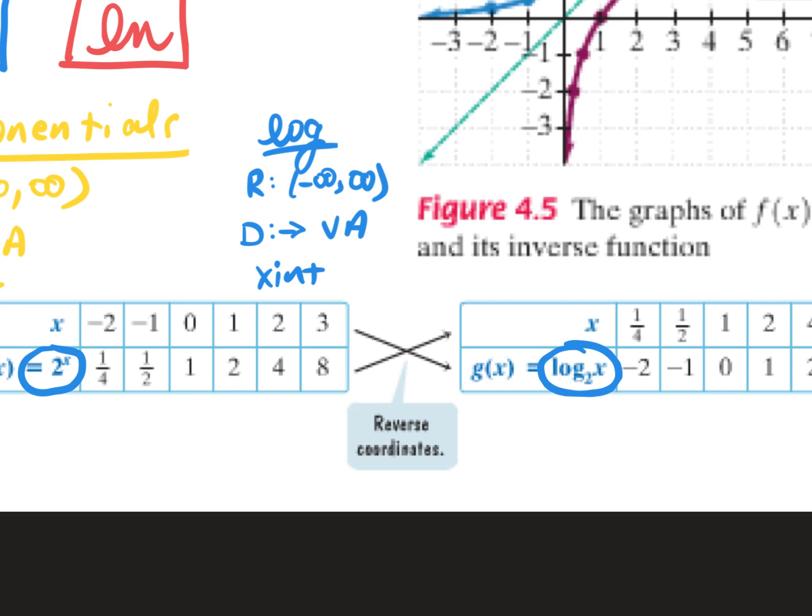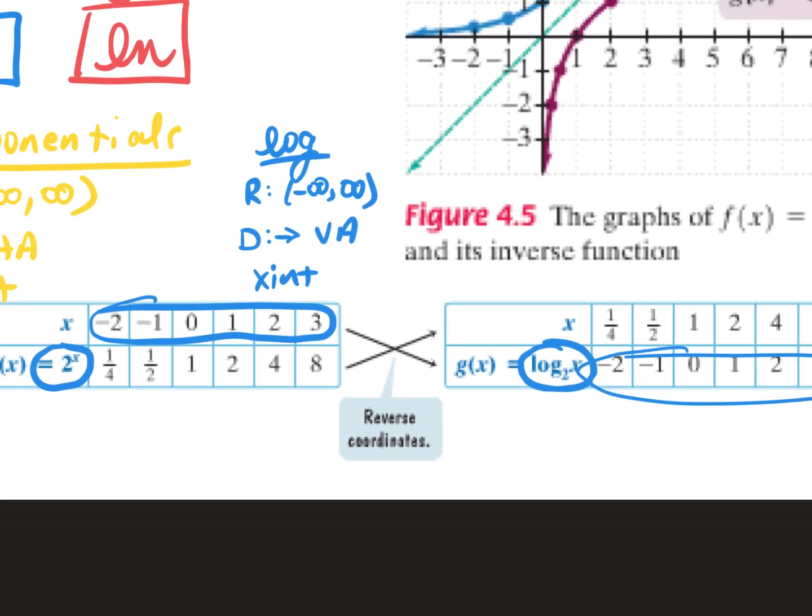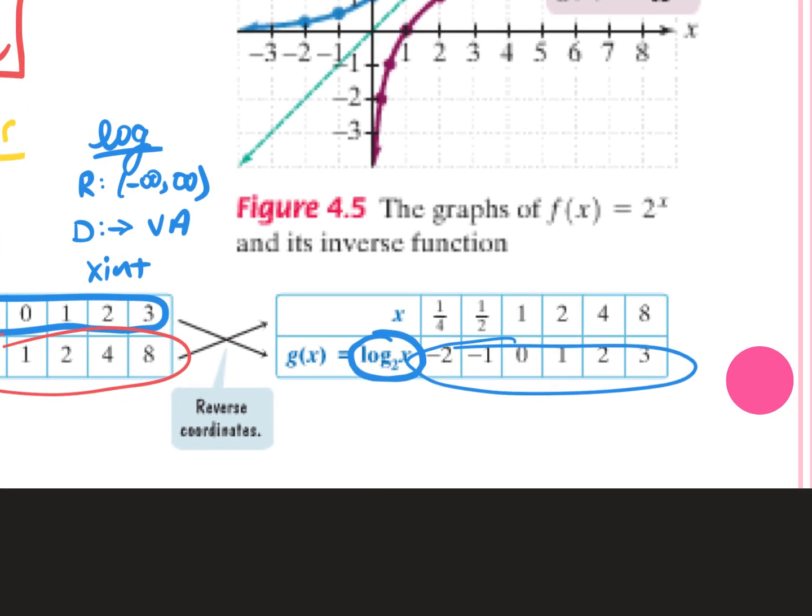Where does it go in a logarithmic? Look at your x values in the exponential compared to your y values in the logarithmic. Are they the same? Look at your y values in your exponential as opposed to your x values in your logarithmic. What happens to your x and y values when you switch from one function to the other? They switch because they're inverses of each other.